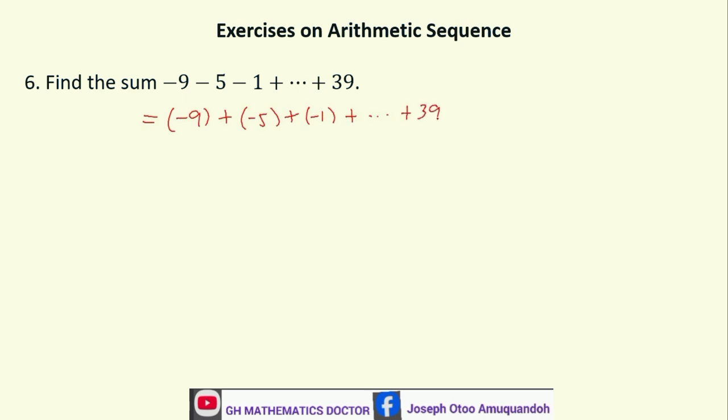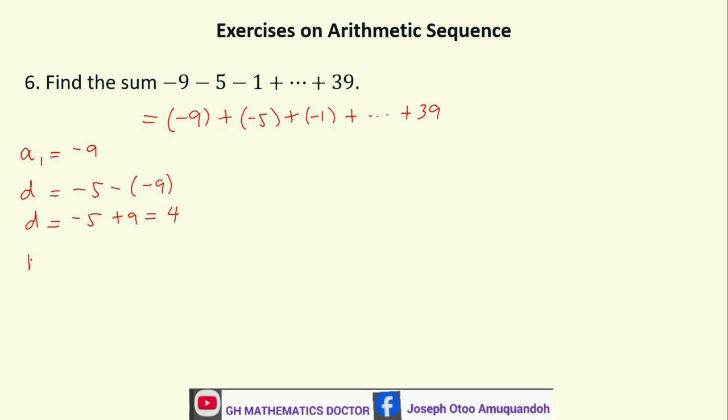So the question here is also the same as before, so there's nothing different in this. We can find our information from what we have there. Our first term is -9. Our common difference will be -5 minus -9. That will give you -5 plus 9, and that is 4. So our common difference is 4.